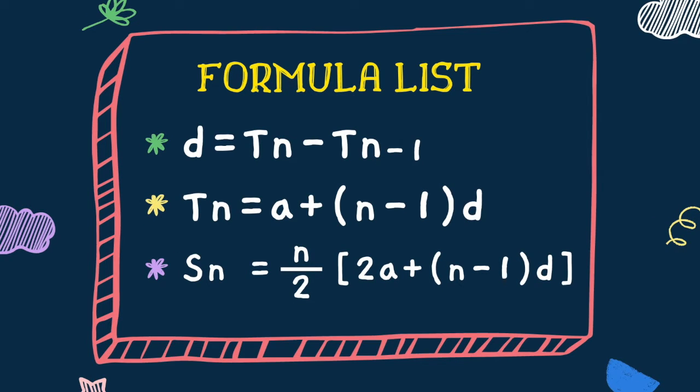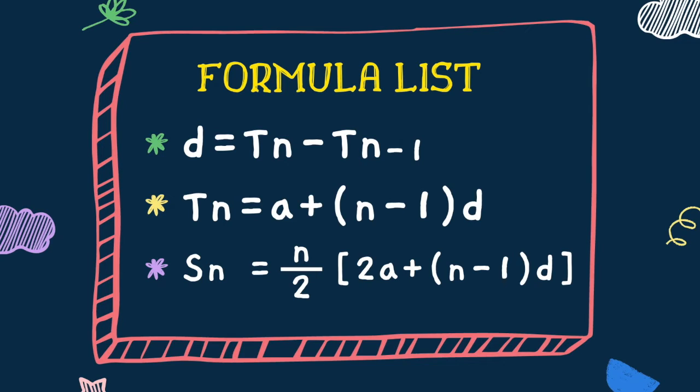Here is a summary of the formulas that we will use to solve questions about arithmetic series. First, we can find the common difference d by subtracting the n minus 1 term from the n term. Next, to find a specific term in an arithmetic series, the formula is Tn equal to a plus n minus 1 multiplied with d, where a is the first term in the series.